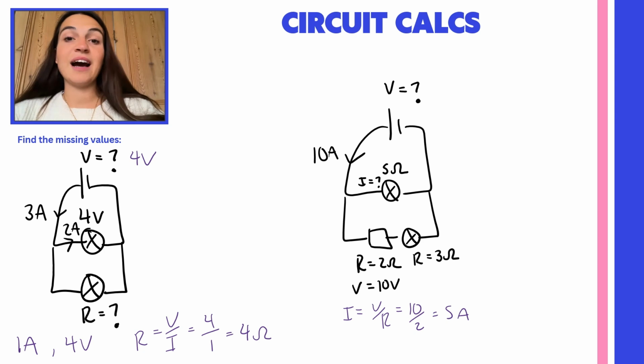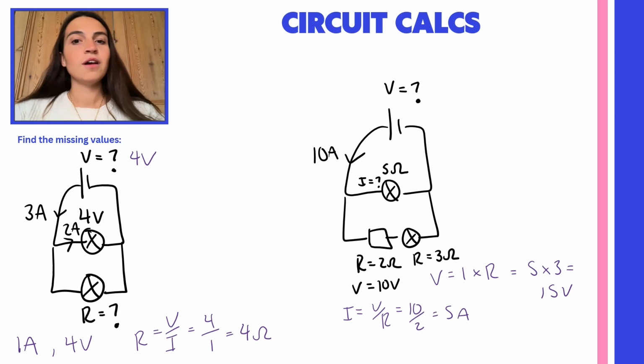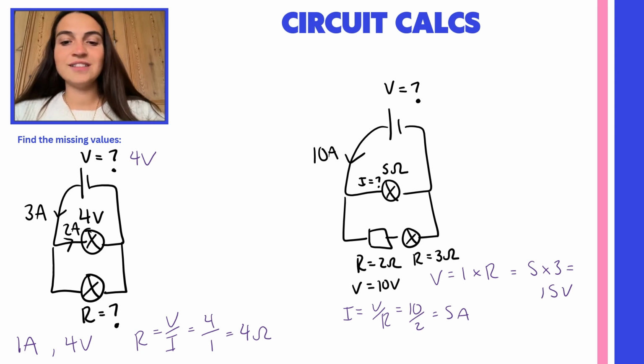So incidentally, I've also worked out what is the current through that bulb on the bottom branch with that resistance of 3 ohms. And now I can actually use that piece of information to work out, well, what is the voltage over that bulb on the bottom branch? Voltage is current times resistance, so current 5 times resistance 3 is 15 volts.